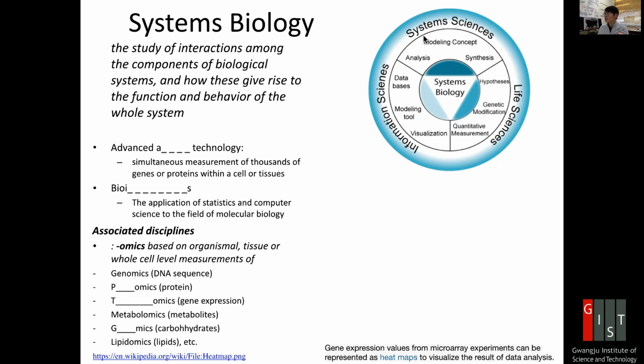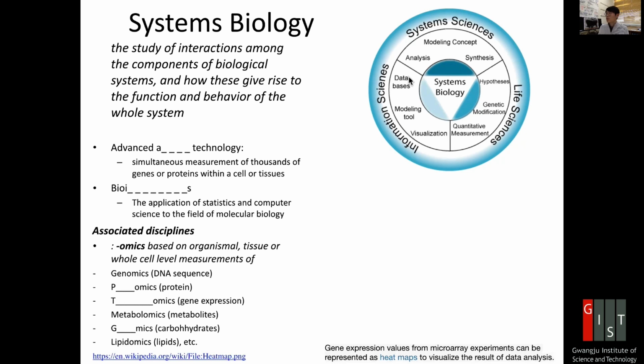So that requires a systems science approach. We see the biological entity as a system that requires modeling, synthesis, and analysis of the whole system, which led to the information science component.